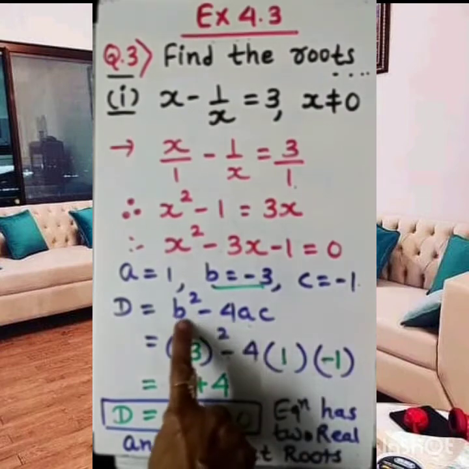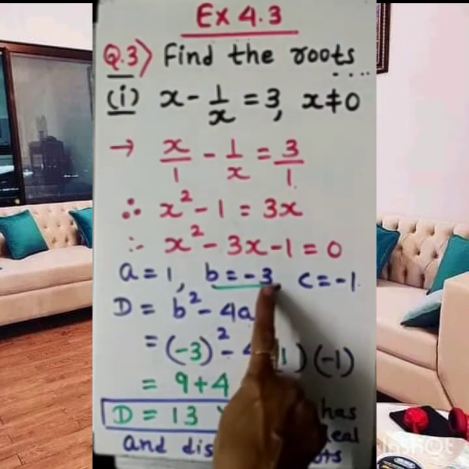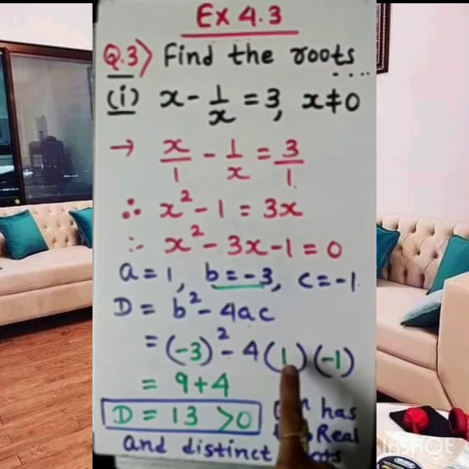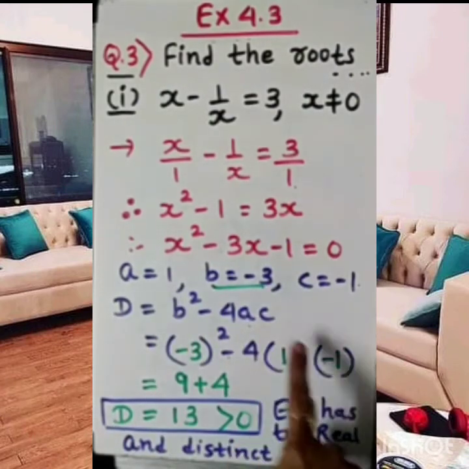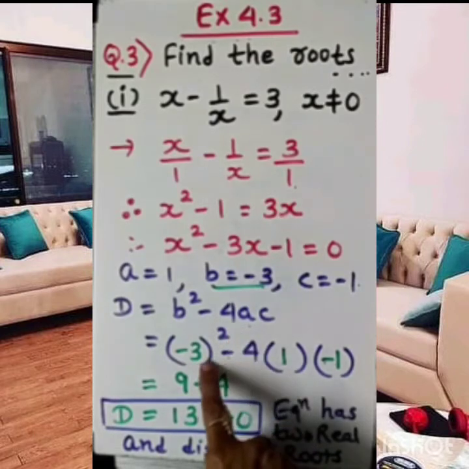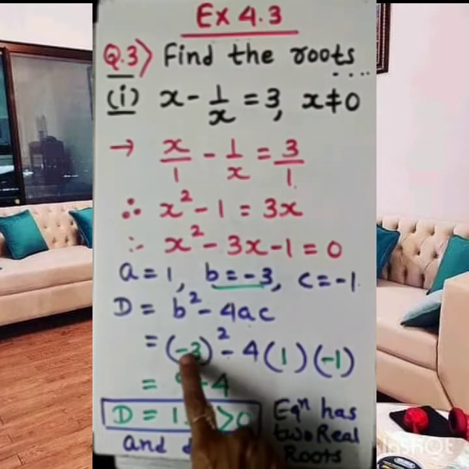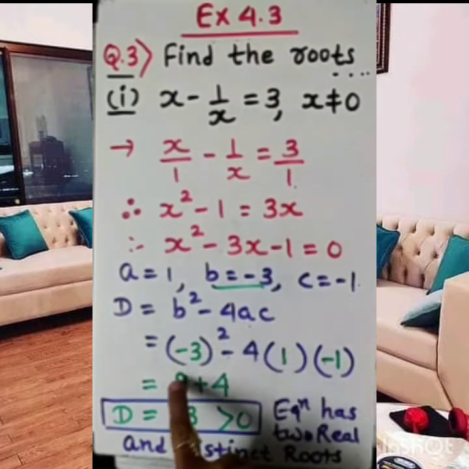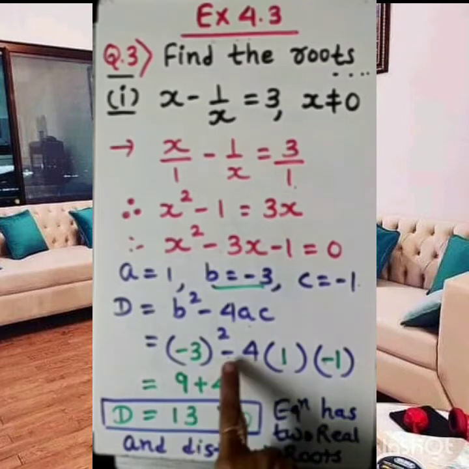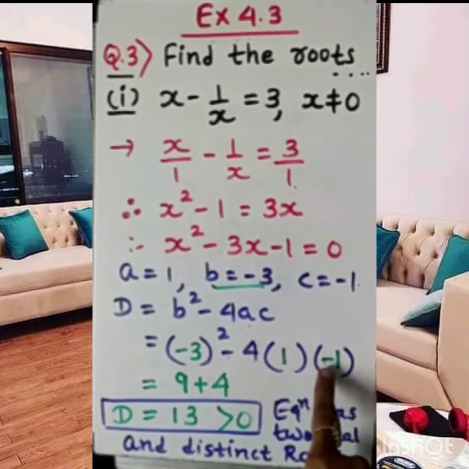The value of b is minus 3, I am putting here, and the value of a is 1 and the value of c is minus 1. Minus 3 square is plus 9, because of the square of any negative number must be positive. Besides this, here also minus, here also minus.